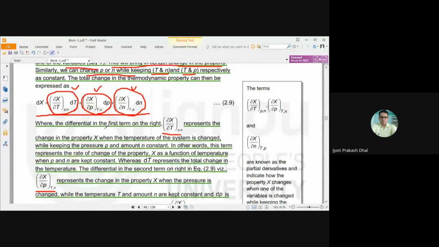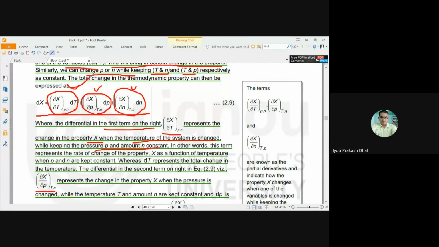So the first term on the right hand side represents the change in property X when the temperature of the system is changed, keeping pressure and N constant.